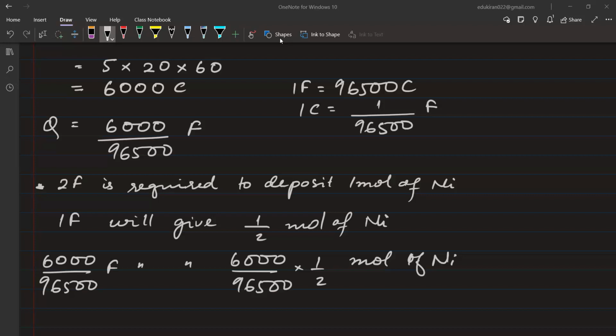When I asked you about the statement, 2 Faraday is required to deposit 1 mole of nickel, did you understand or not? Yes or no? Did I ask or not? Yes, sir. So you just say yes sir like that? Even when you don't understand, you say yes sir. Sir, I understood but I forgot. You understood and then you forgot.